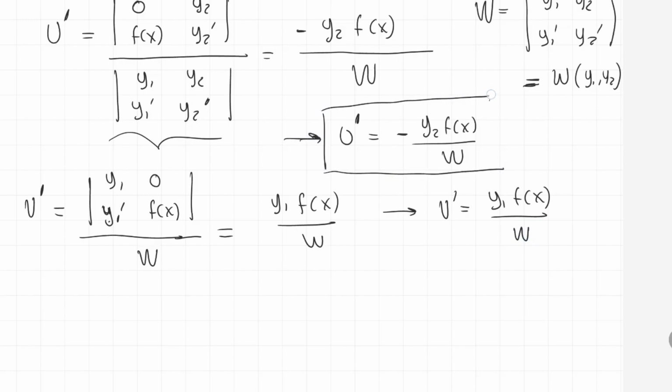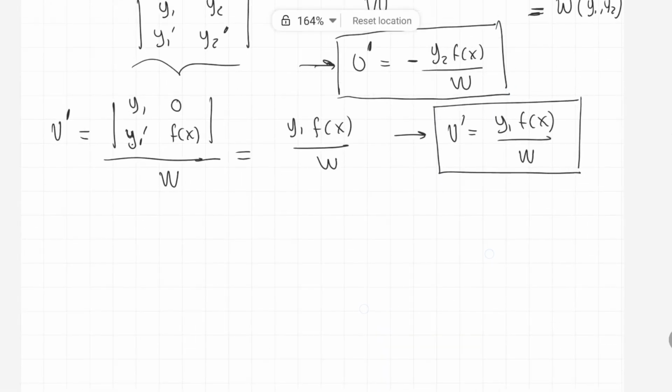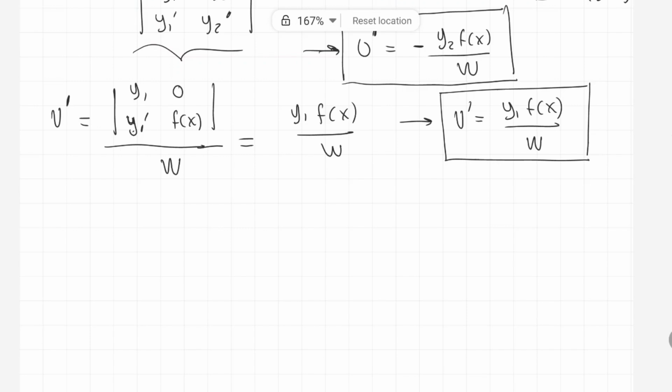We now just found u prime and v prime, but we know that if we have a function of x here, we can just take this as a separable differential equation.